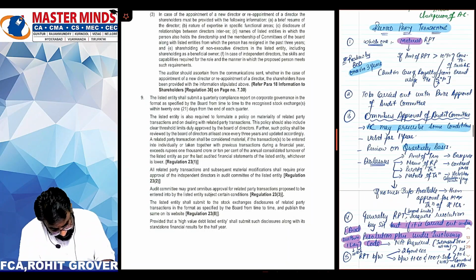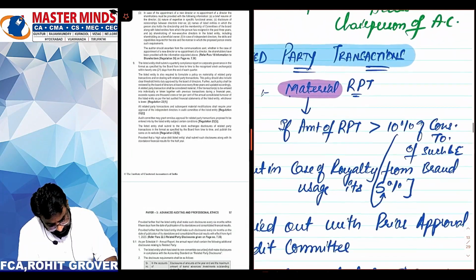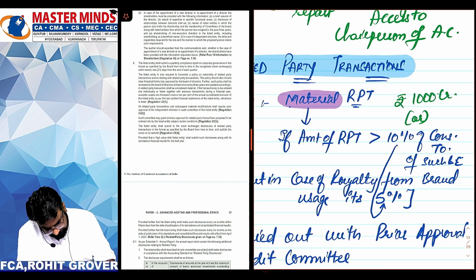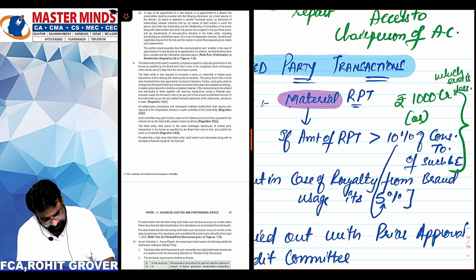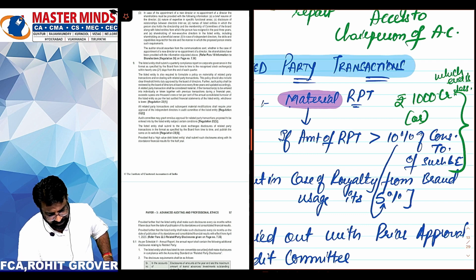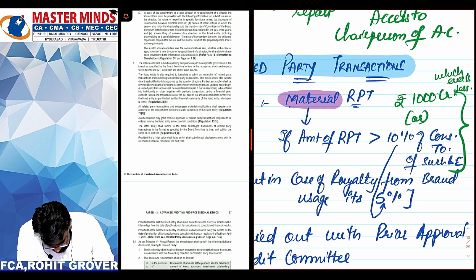So when it is to be considered material, if the amount is more than 10% or rupees 1000 crores, whichever is less, नहीं? So whichever is lower, 1000 crores or 10% of the consolidated turnover of such listed entity, whichever is lower. Okay. So this is the one amendment.